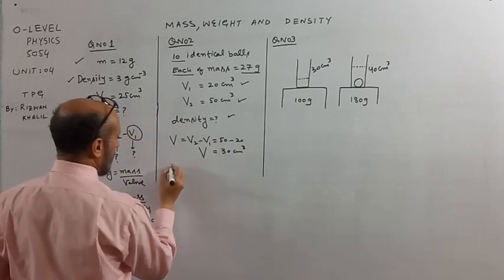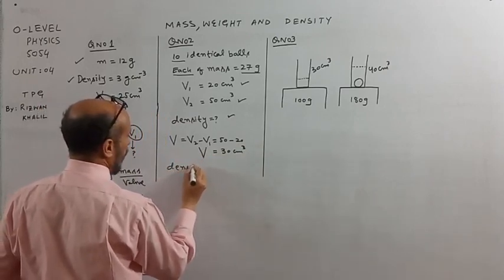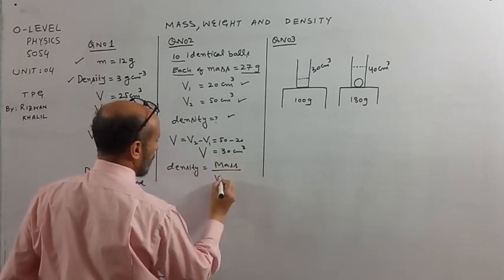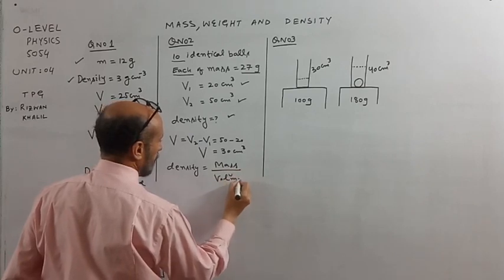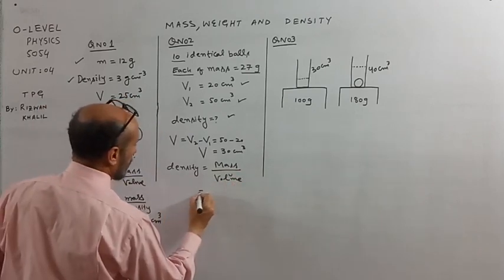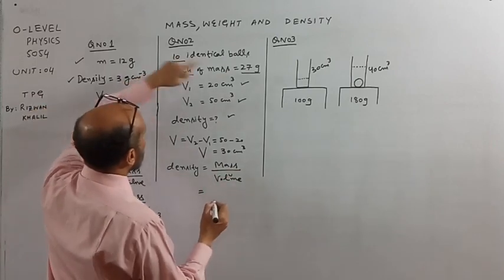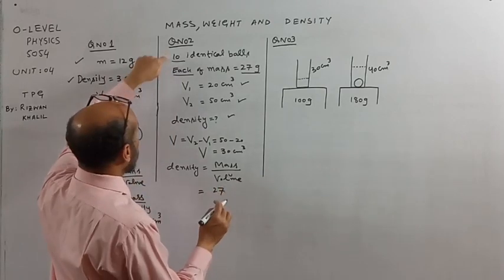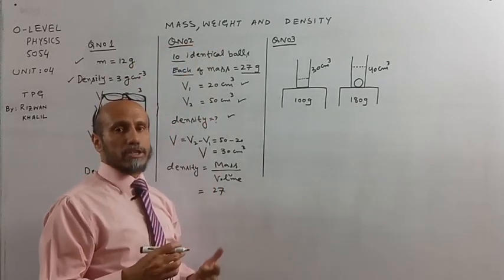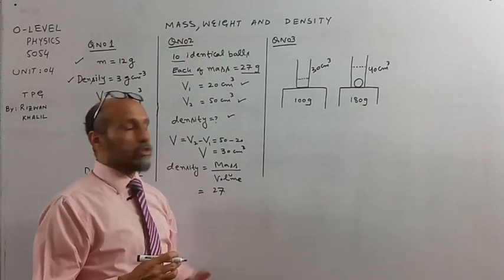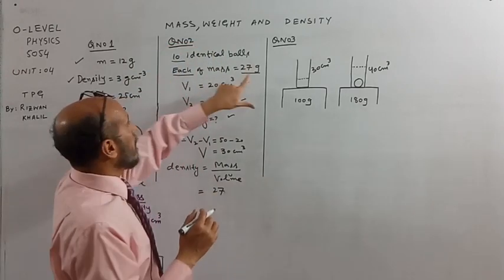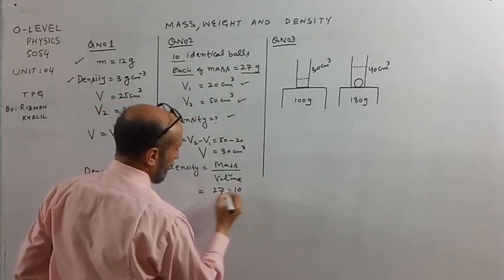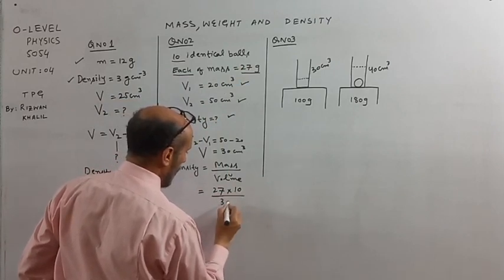In order to find the density, which formula will be used? Mass over volume. So mass. Now there is a trick. We are not supposed to take 27 grams, since 10 identical balls were immersed in the measuring cylinder, and it is the mass of a single ball. So we will multiply the value by 10 and divide it by 30.